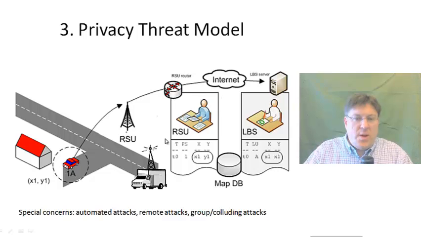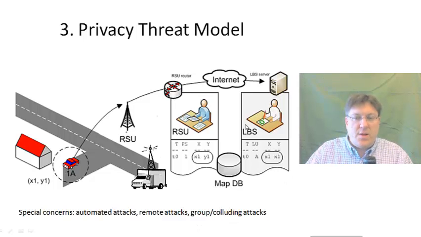The other would be a roadside unit administrator, an RSU administrator. They may have access through their own infrastructure to one or more of these antennas, which could be sensitive to a much wider range than what a local vehicle might be able to pick up.